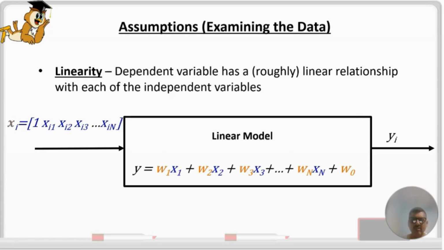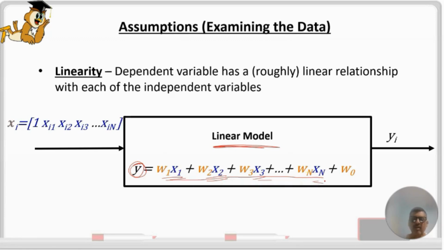I mean, here you have a linear model. In linear regression, your objective is to create a linear model whereby the dependent variable is a linear combination of the independent variables, right? So the dependent variable has a linear relationship with each of x1, x2, x3, xn and so on and so forth, right?